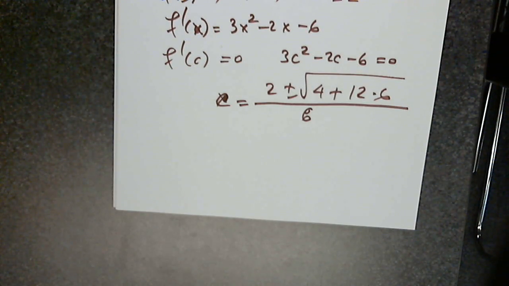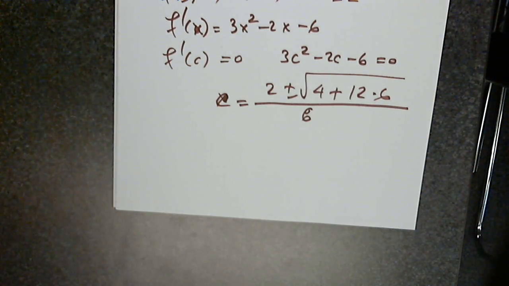So left parenthesis, 2 plus the square root of, isn't it, that's 72, right? 76, correct? And I divide by 6. And then the other one, good.